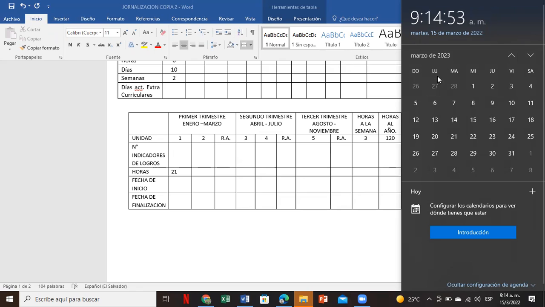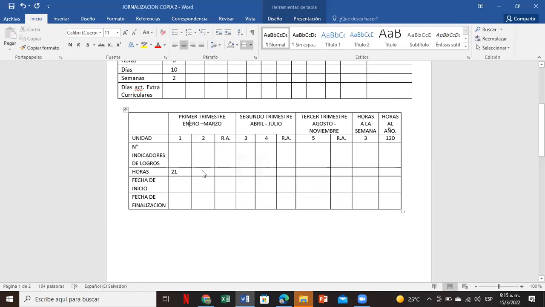So, unit number 2, we are going to start on March 6th, and maybe we are going to finish unit number 2 on Friday 31st. So, we got 1, 2, 3, 4. Multiplicado por 3, we got 12. This is for unit number 2. That is March. Y ahí no necesito ponerle de marzo a marzo. Solo pones unidad 2, marzo.